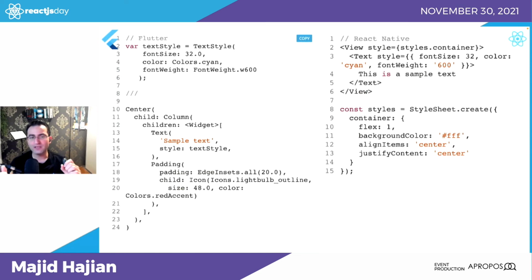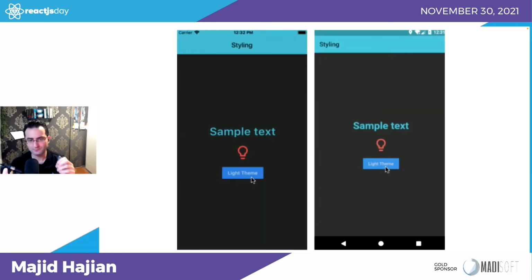Or another example is where you want to create, in React Native, a style sheet, and then you pass that to your view. Again, in Flutter, you almost do the same thing, but you do it with classes and parameters passing down to the classes. Fairly simple.